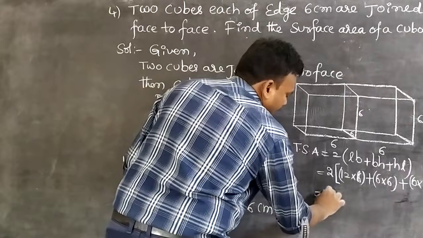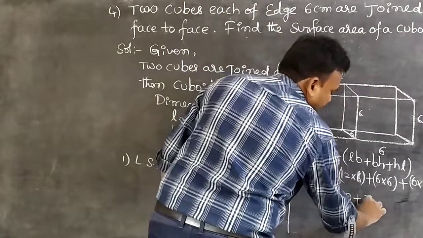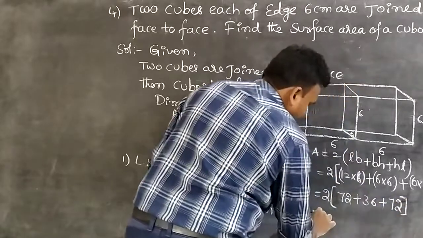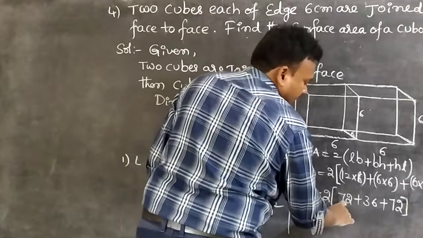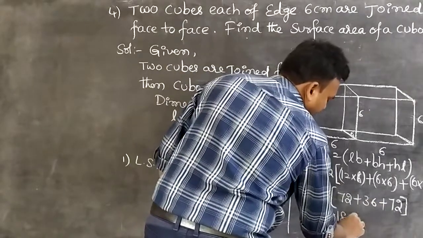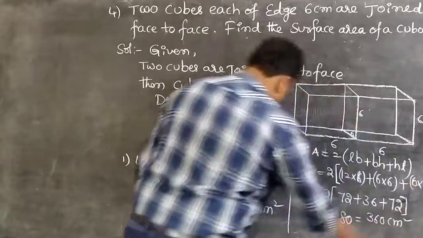So it becomes 2 of (72 plus 36 plus 72). Finally it becomes 2 into 180, which is 360 square centimeters.